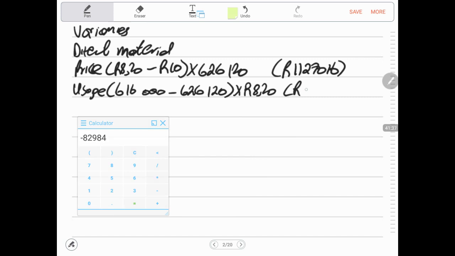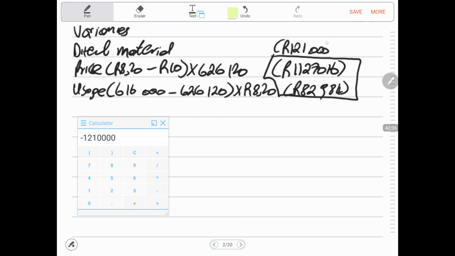This gives us an unfavorable variance of 82,984. So now the sum of the two will give us the net of this variance. We add the two variances, 1,126,016 and 82,984. It gives me a total unfavorable variance of 1,209,000. This is adverse, meaning unfavorable.